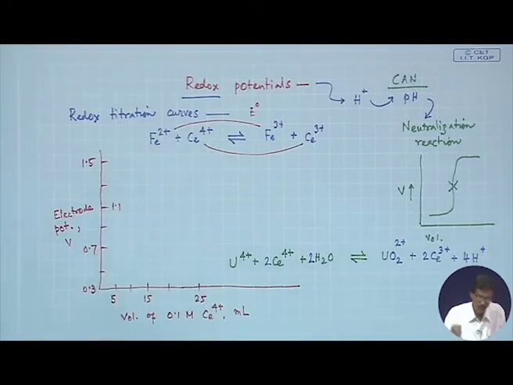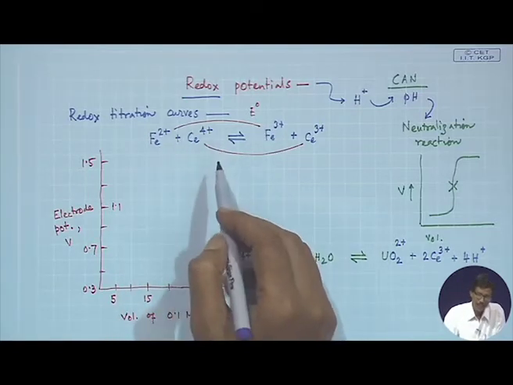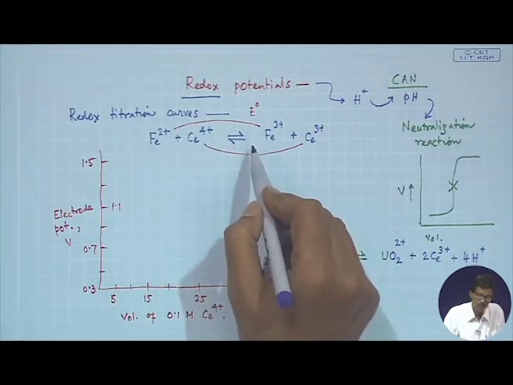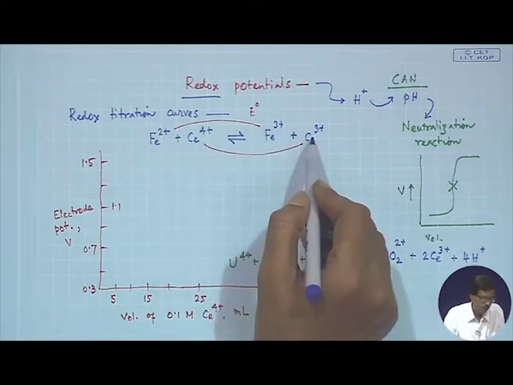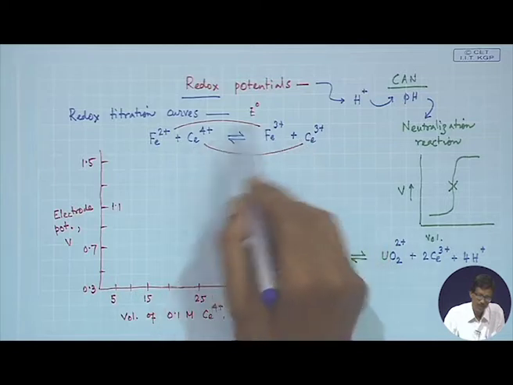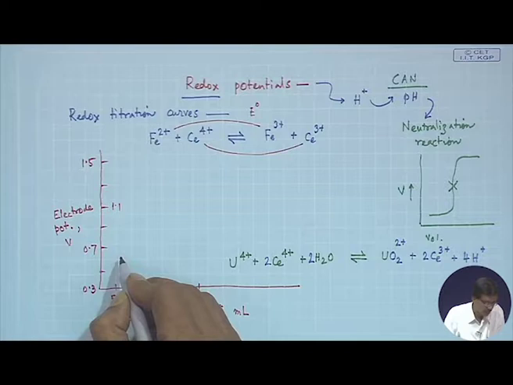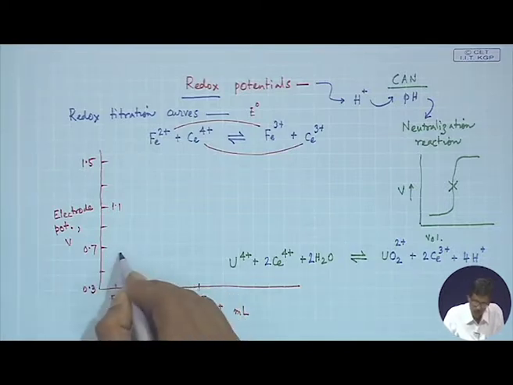So, if we get that, and if we have some idea, because this particular potential, this ferrous-ferric system, we all know, under standard conditions in 1 molar sulfuric acid, is around 0.77 volt. So, ceric, having a higher potential than this, can oxidize it. So, the potential for the ferrous-ferric system can change, and it goes from here.